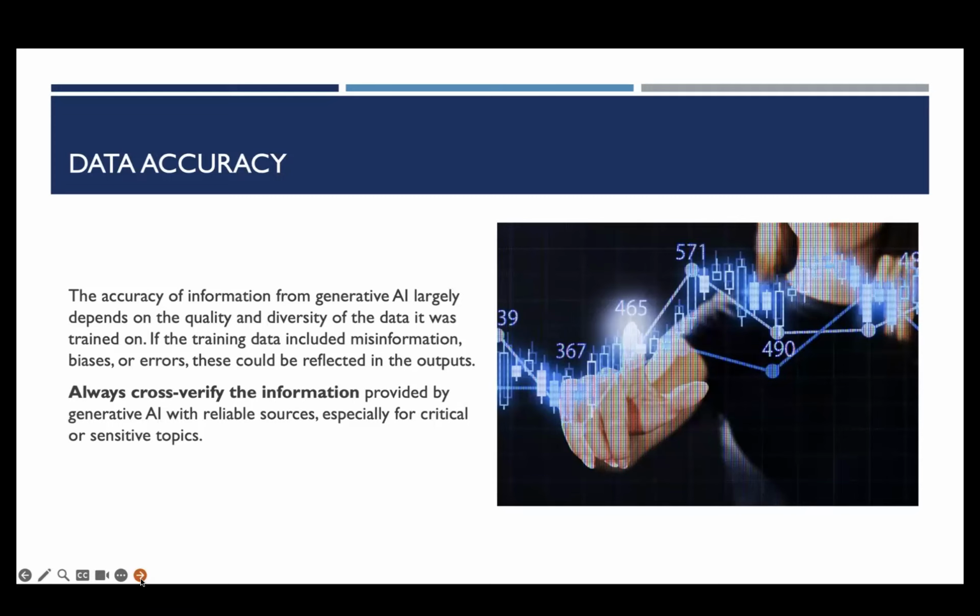This is definitely important as you're doing research or different things. And sometimes ChatGPT, for example, likes to just make up links. It'll be like, hey, here's a resource, but then you go to click the link or the resource and it's broken. So oftentimes it'll just make stuff up and you have to make sure that you're checking for data accuracy.